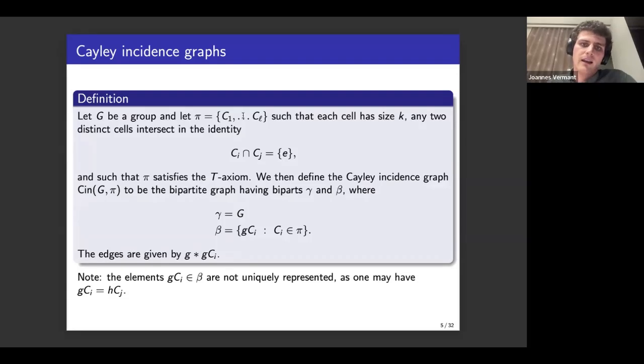So we have L cells, and each one has size k. Any two distinct cells intersect only in the identity, but they do intersect in the identity, and we have this T axiom.